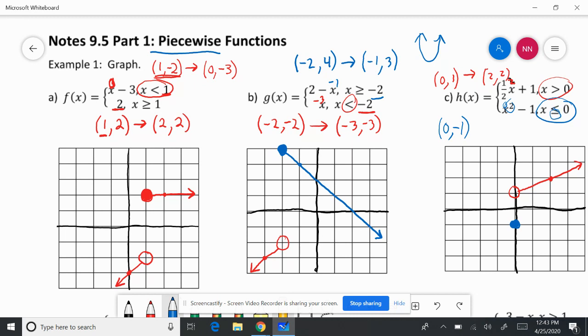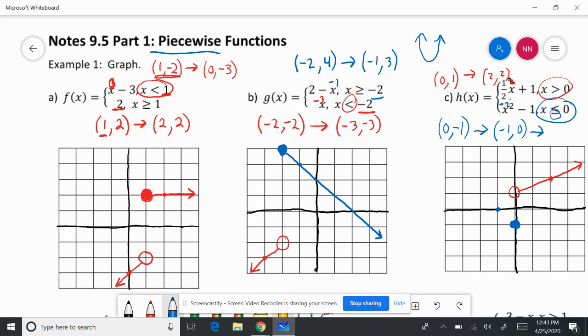It's less than, so less than 0 would be negative 1. Now I'm going to plug in a negative 1. Negative 1 squared is 1. 1 minus 1 is 0. So I have (negative 1, 0). Since this is not a linear equation, it's not going to make a straight line, so I'm going to pick another point. I'm going to pick negative 2 because it's to the left.